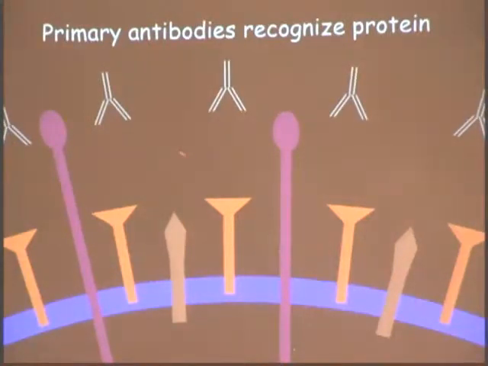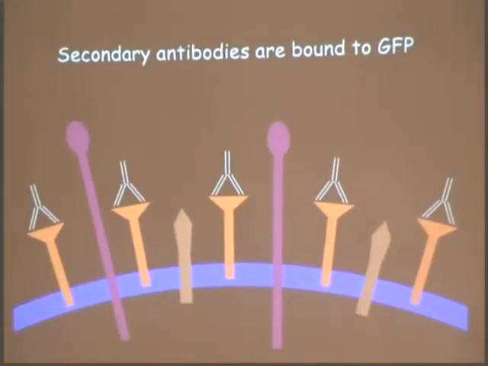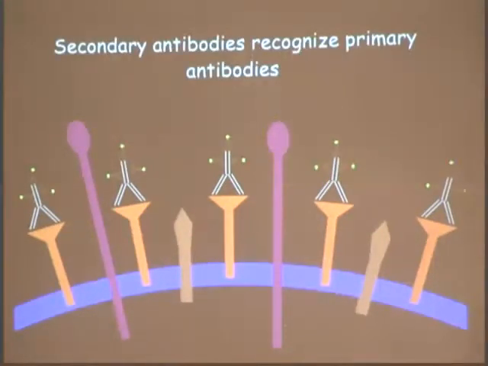We have primary antibodies that will recognize these proteins, in this case Engrailed. The secondary antibodies are bound to GFP, which was defined earlier as green fluorescent protein. These secondary antibodies recognize the primary antibodies and attach to them.